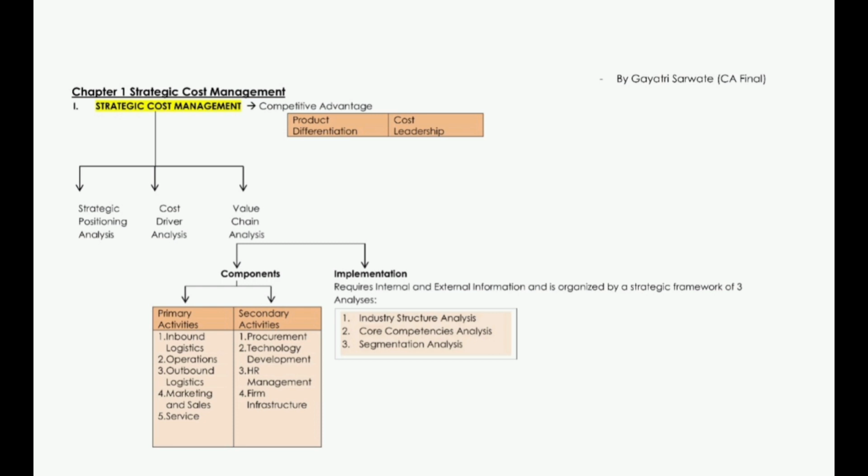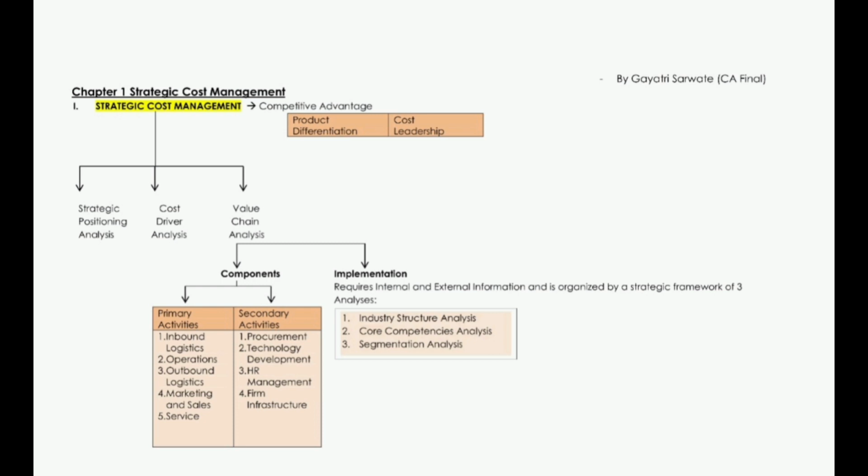Moving on to the second type of analysis, that is cost driver analysis. Now, this cost is not just a simple function of volume or output. It is derived by certain factors, and these factors are called cost drivers. And these cost drivers are broadly of 2 types. First, structural cost drivers, and second, executional cost drivers.